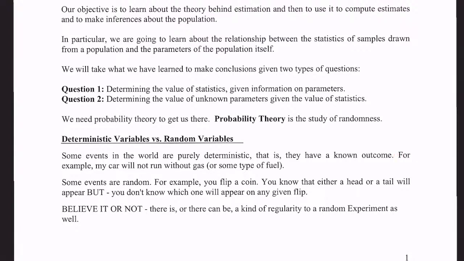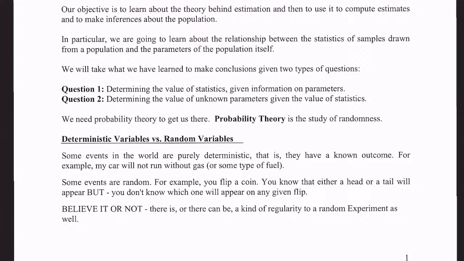For example, if you have no fuel in your car, you're going to run out of gas, and the car will stop. With random events, you don't know the outcome. However, because you know the possible outcomes of some random events, you can make predictions. So let's begin, and we're going to use this example throughout this unit.